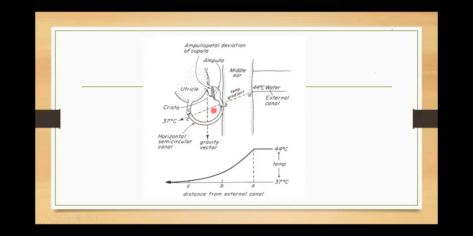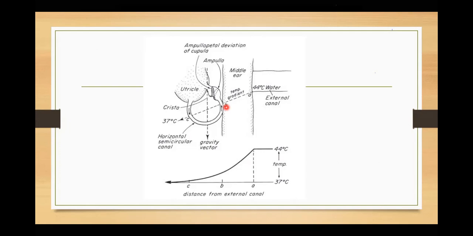Fine. So when it reaches here, it will be 37 degrees Celsius. Okay, how does this create the endolymph flow? A fluid, when it is heated, the volume becomes more, the volume is increased.